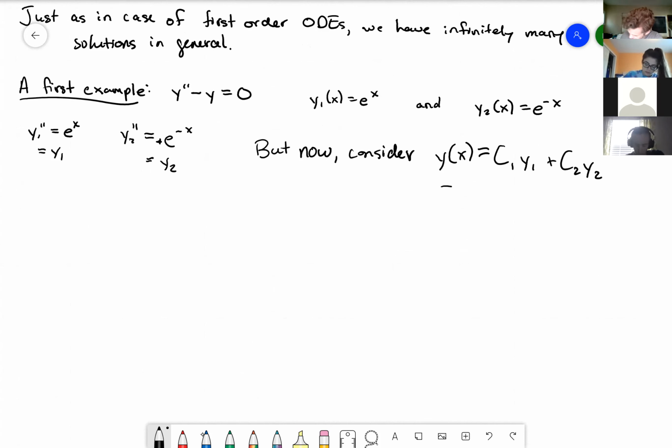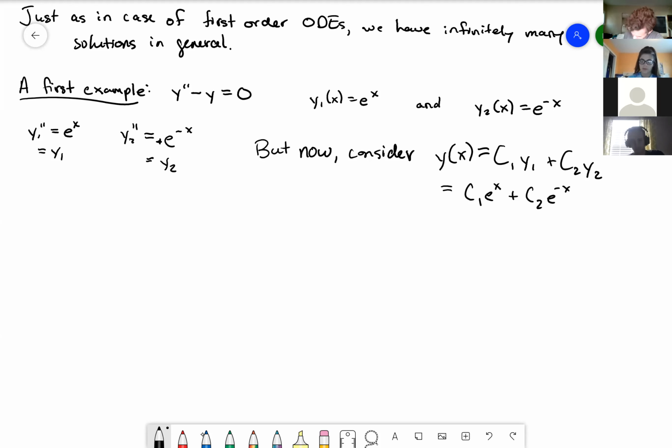So this is really, we're just writing C1 e to the x plus C2 e to the minus x. And we'll see that this actually gives a solution as well.